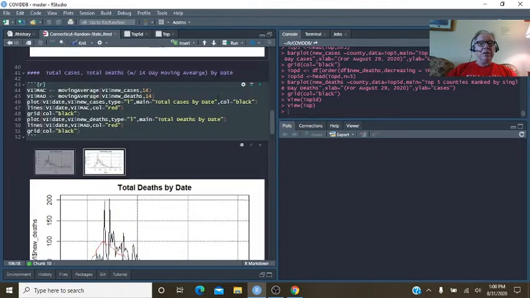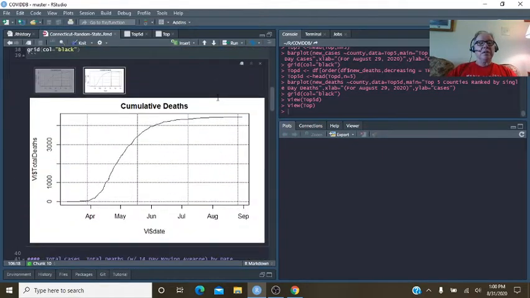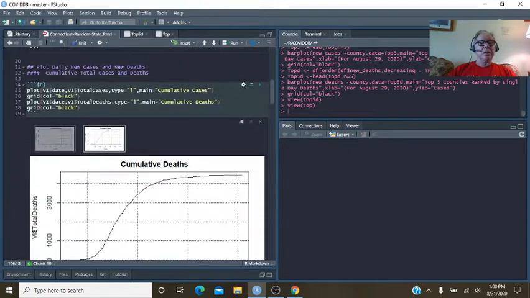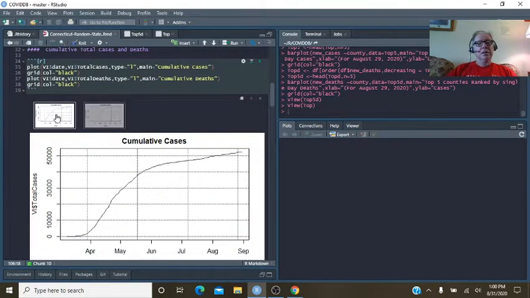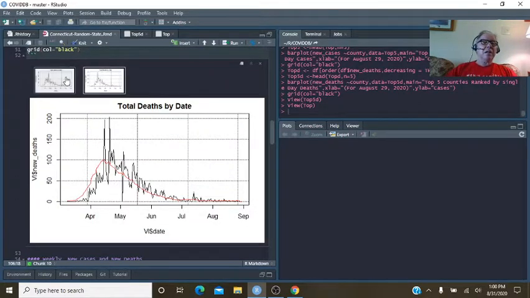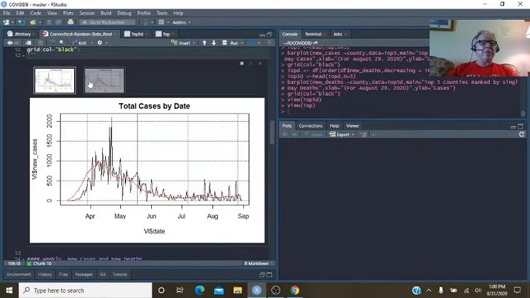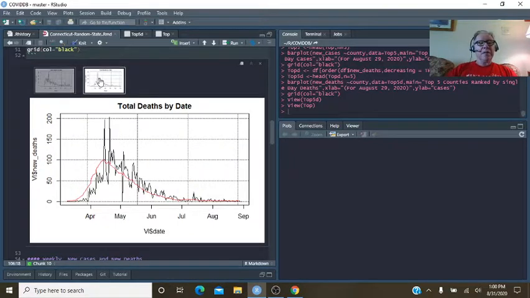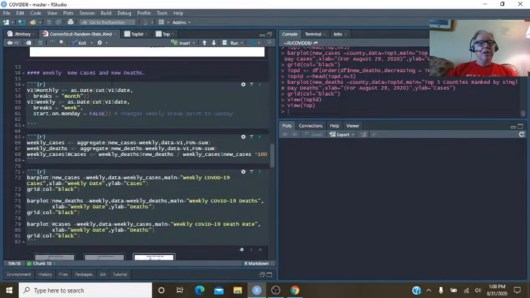So overall, I think we could pretty much say that deaths seem to be flattening. Cases are flattening a little bit. Cases are very low. Deaths are even lower.